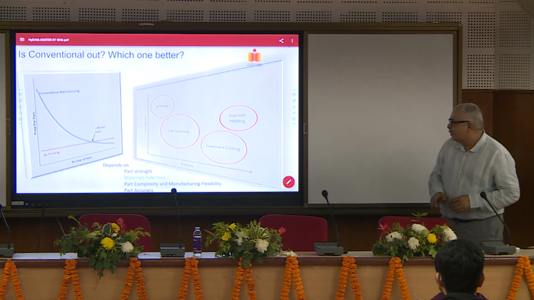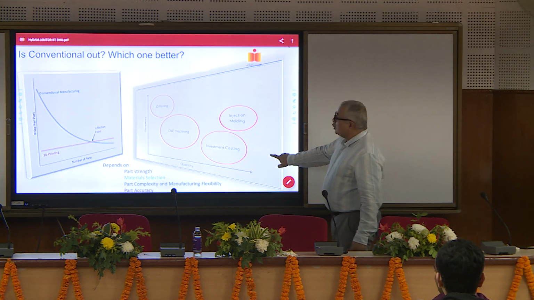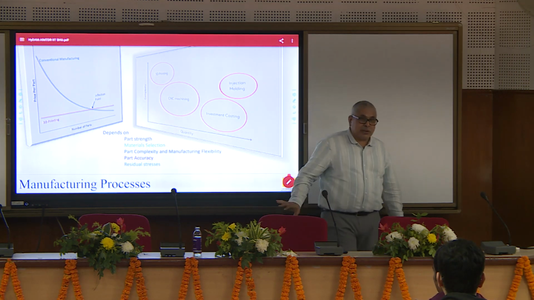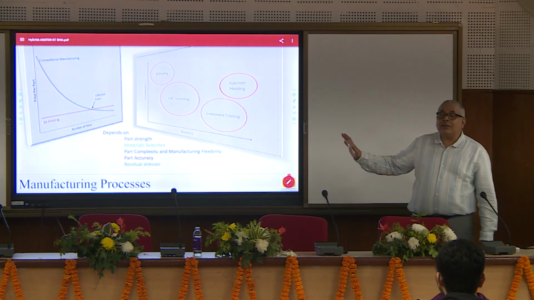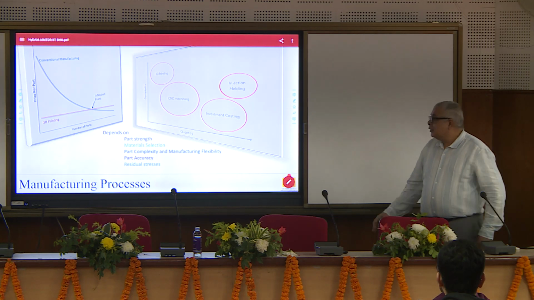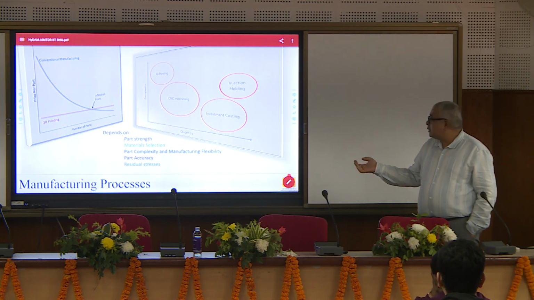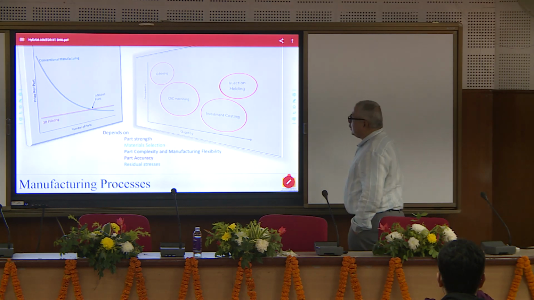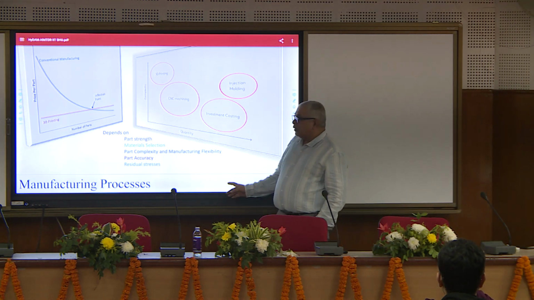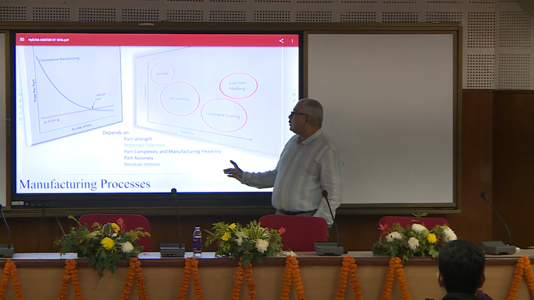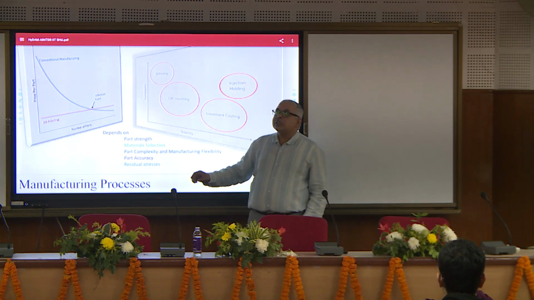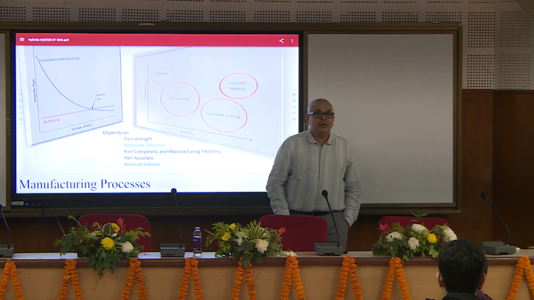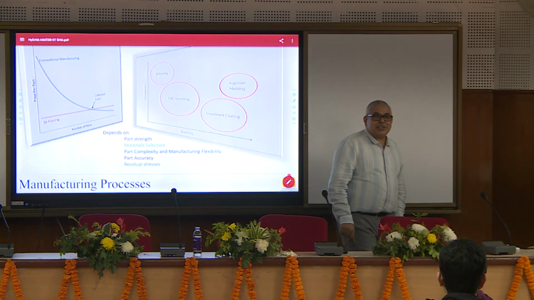But the thing is, how do you use it? It depends on the majority of these factors. I'm not saying these are the only ones; these are the major ones: strength, material selection, complexity, manufacturing flexibility, part accuracy, residual stress. You tell me, those who work in additive manufacturing, which among them does additive gain? Only part complexity and manufacturing flexibility.